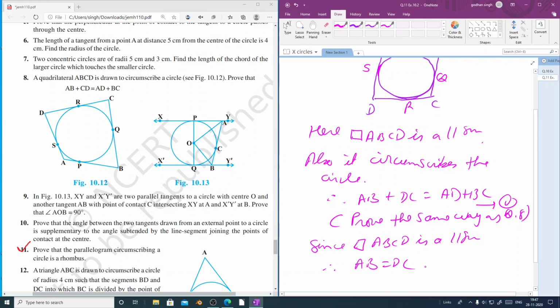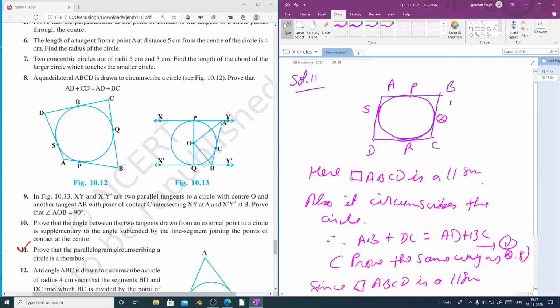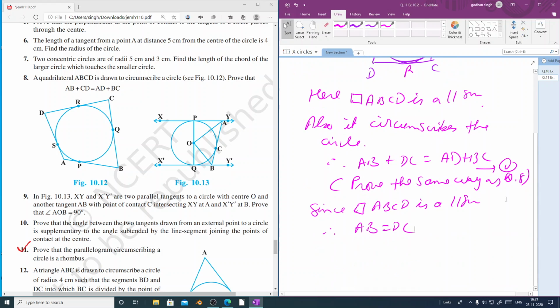Here you can see the figure. AB and DC are equal, because in a parallelogram opposite sides are equal. So AB equals DC and AD equals BC. Let this be equation number 2.